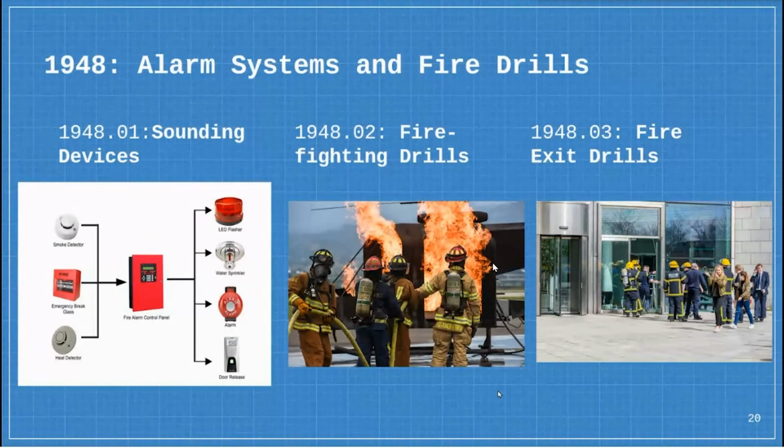Ito po yung mga malalaking building po. Minsan po is dalawa po yung company na nandun. So hindi naman po pwedeng magkaiba po sila ng fire exit po or fire drills exit po, kailangan po mag-isa lang po sila para mas unity po yung paglikas nila.